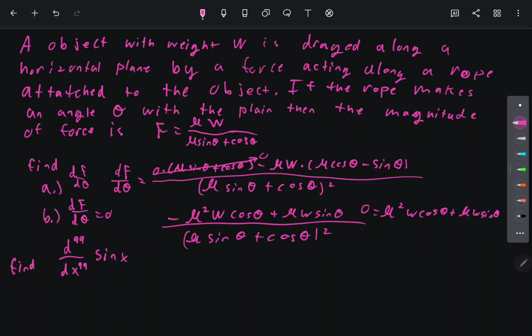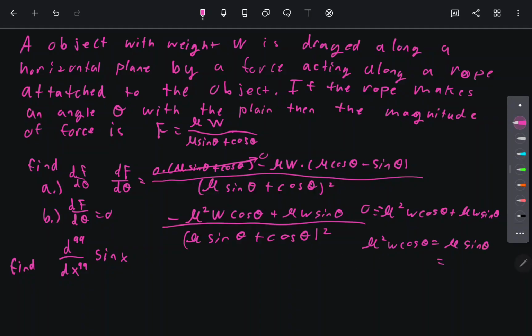So if we subtract this mu to the other side, and this needs to be a negative, so we're going to say mu squared w cosine of theta is equal to mu sine theta.